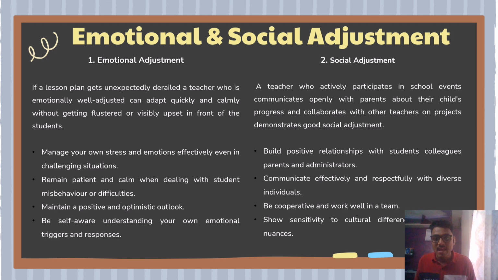I said collaboration is the key. When you collaborate with other teachers, you're trying to make your classroom much more effective. You're trying to achieve the learning objectives in a much efficient way. So build positive relationship with students, colleagues, parents, and administrators. Communicate effectively and respectfully with diverse individuals. Everyone, you should be very respectful towards everyone.